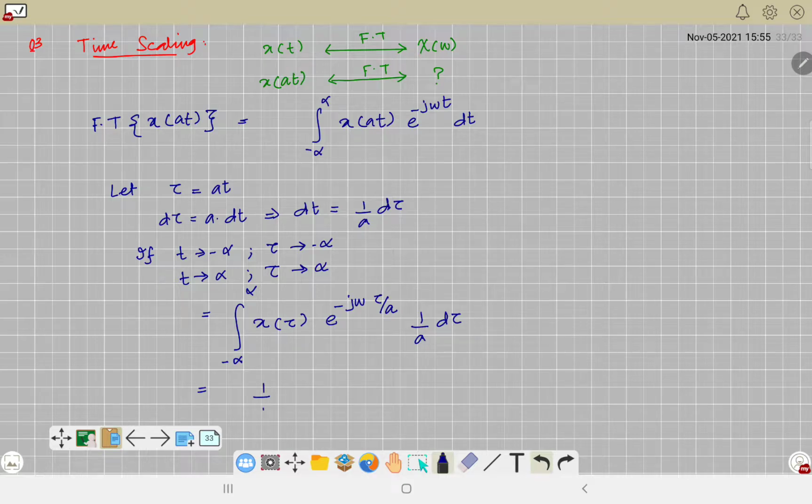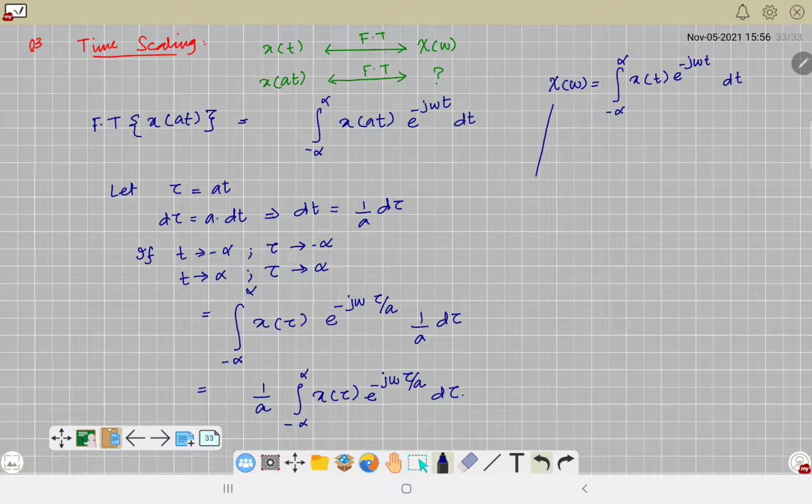So we'll take 1 upon a outside. The integral will be from minus infinity to plus infinity of x of tau e raised to the power minus j omega tau by a d tau. Fine. Now if you compare the basic integral, X of omega would have been the integral from minus infinity to plus infinity of x of t e raised to the power minus j omega t dt.